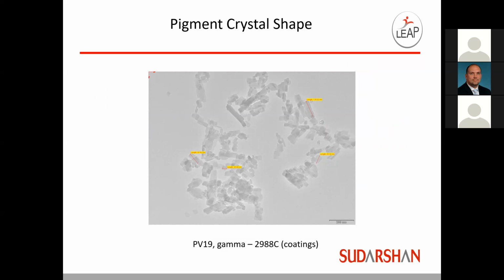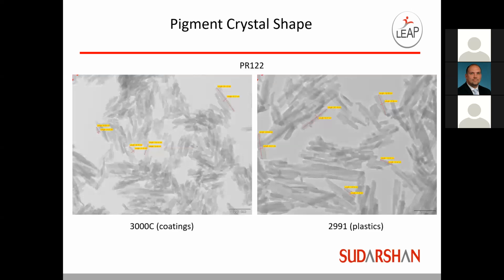In this particular case, this product also has a number of shorter ones, but still the width of these are very narrow. And from the Pigment Red 122 space, here are two examples that also show how needle-like these crystals end up with the finishing.